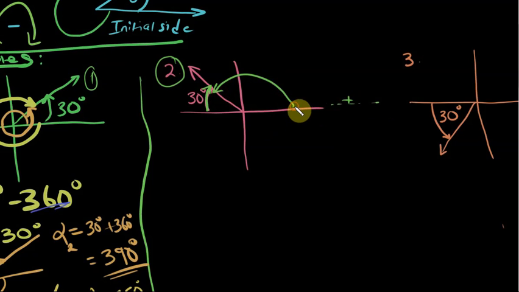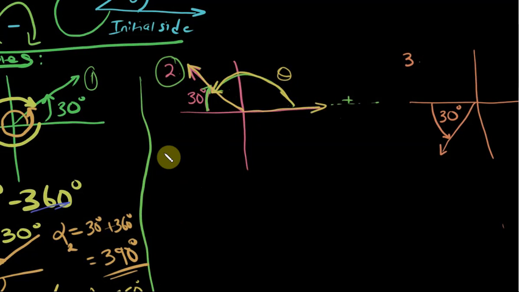Our reference angle is from the positive axis all the way to the terminal side, or where the angle terminates. To identify our sides, this is our initial side and that is the terminating side of this angle.